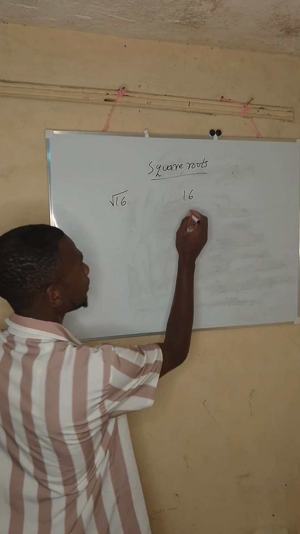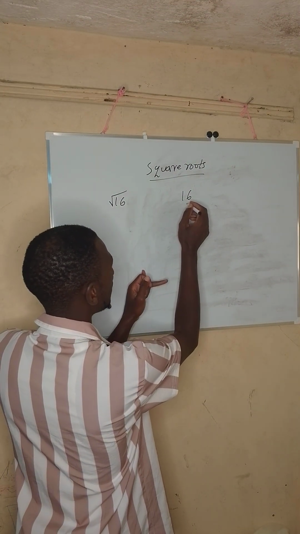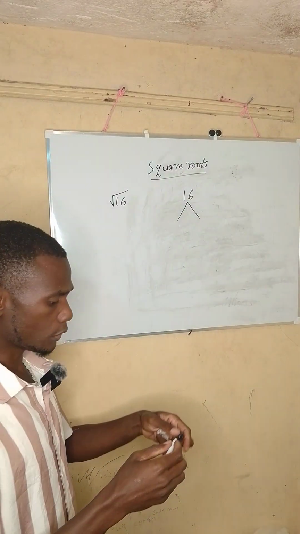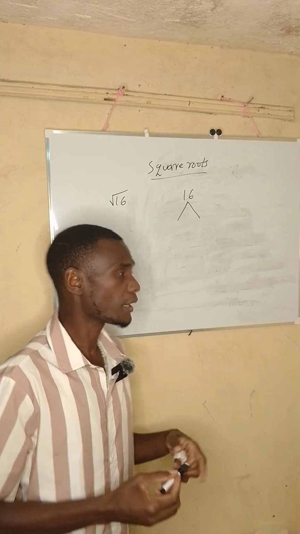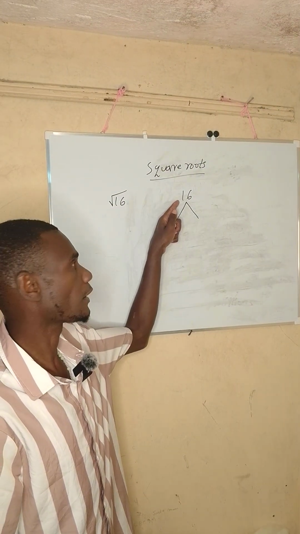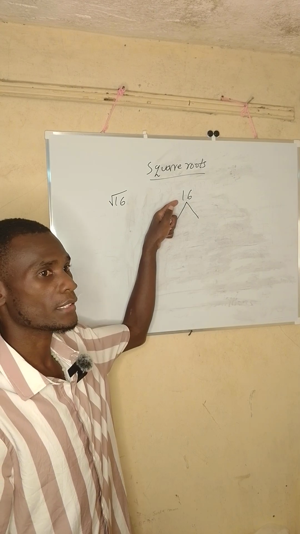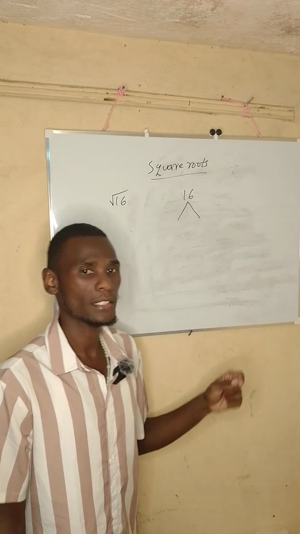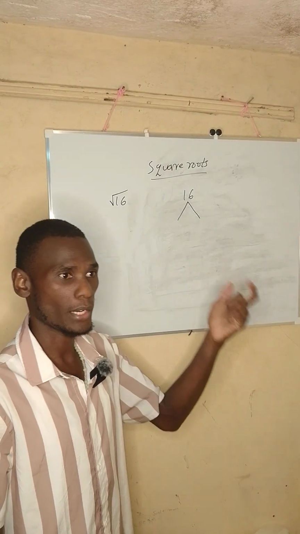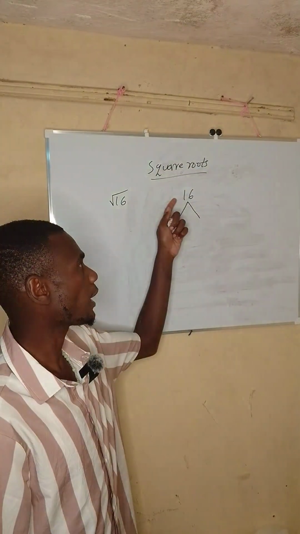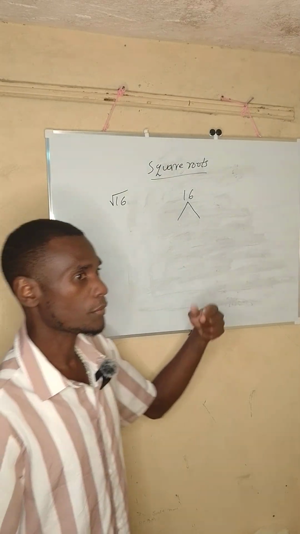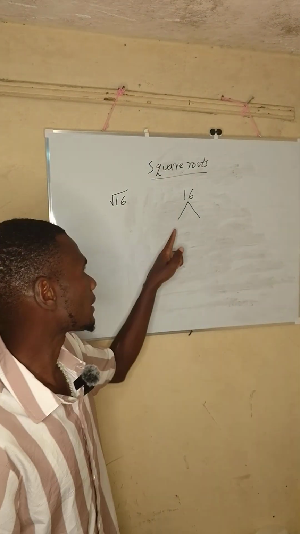So when we use the word prime factorization or the factor tree, we look for a number that can divide this 16. It is always advisable to start with the smallest number that can divide this 16 apart from 1, because if you divide it by 1, you will still get 16 there. So instead of starting with 1, let us start with 2.